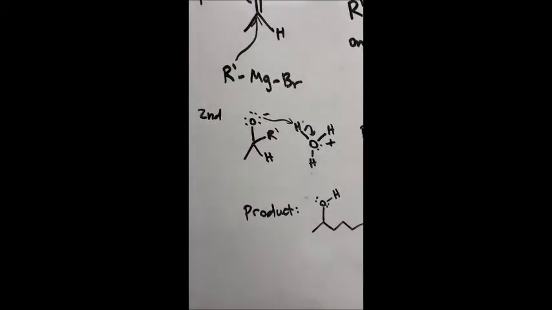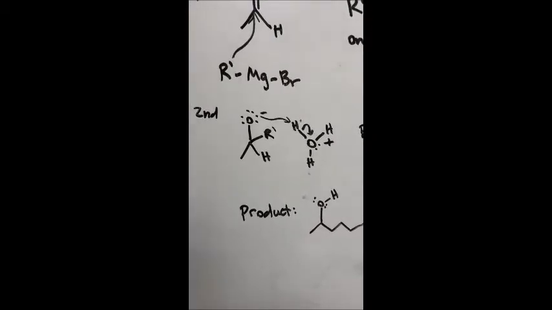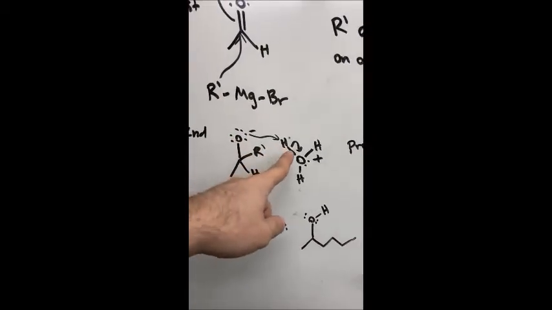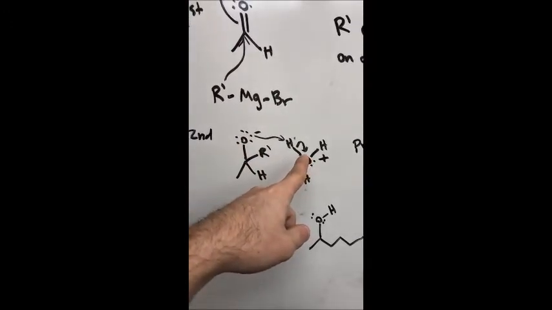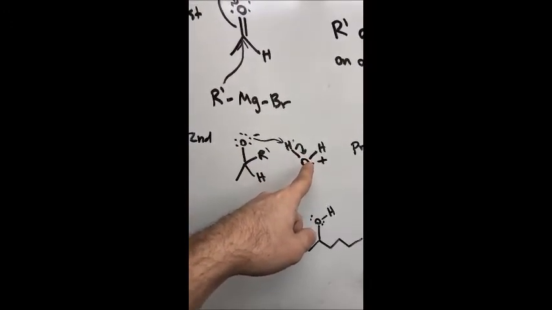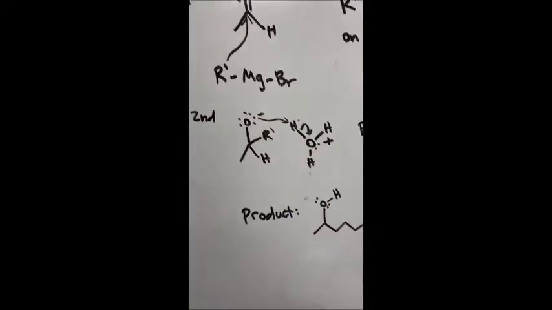In the second step, in the acid workup step, you're going to have proton transfer from this hydronium ion onto the oxygen. This is going to cause the lone pair to move back onto the newly formed H2O molecule. And in the end, we form our product, which is going to be 1-methyl-pent-1-ol.